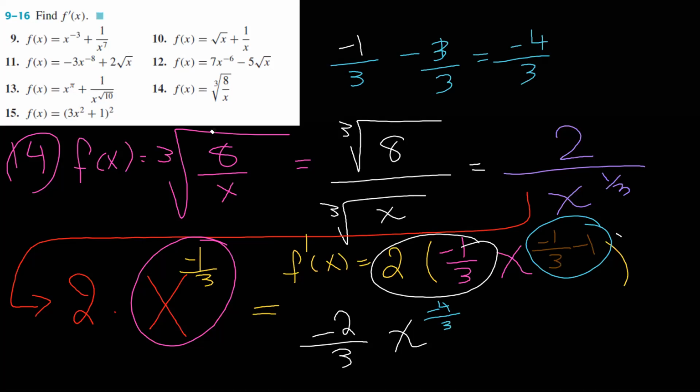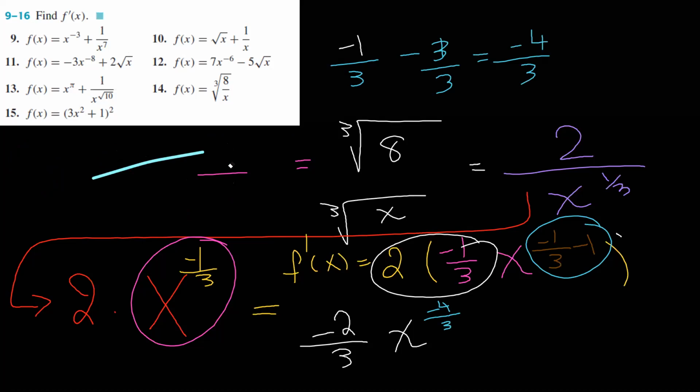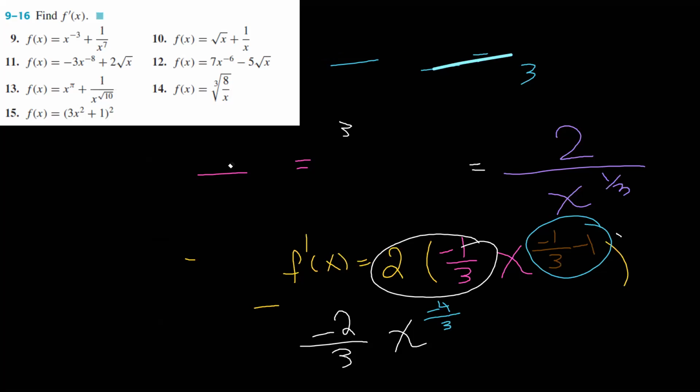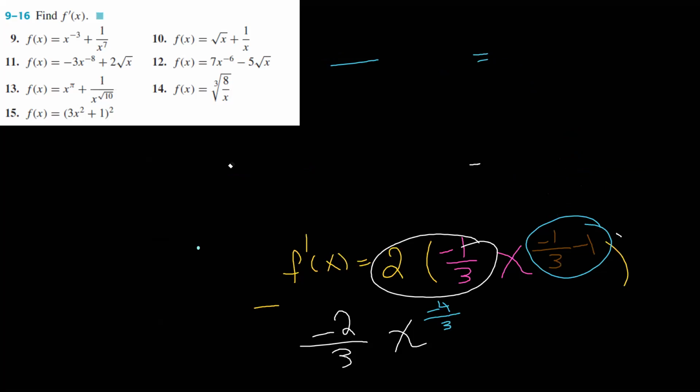Then after that, the final answer here, which is negative 2 over 3, x raised to the power negative 4 over 3.